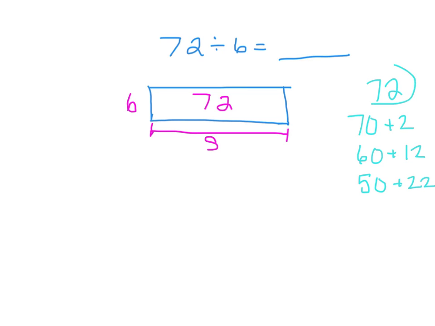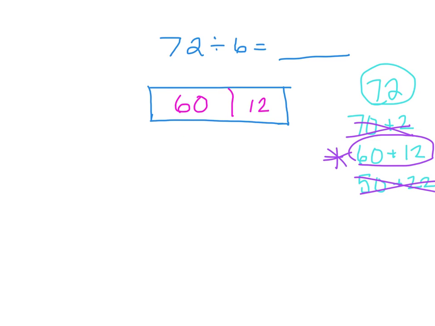Each of those equals 72. What I'm looking for are the combinations that contain some friendly numbers. So when I'm thinking about friendly for 6, I know that 70 and 2 are not friendly for 6. I know that 50 and 22 are not friendly for 6. But 60 and 12 most definitely are. So I'm going to use this combination when I'm dividing up my 72.